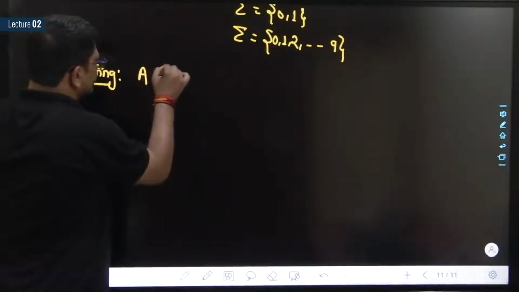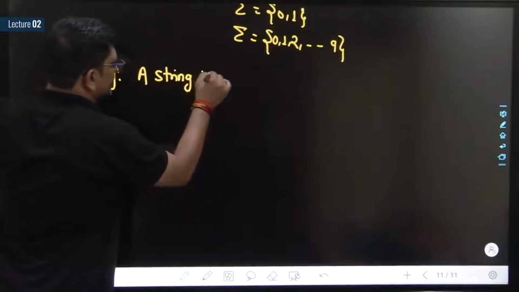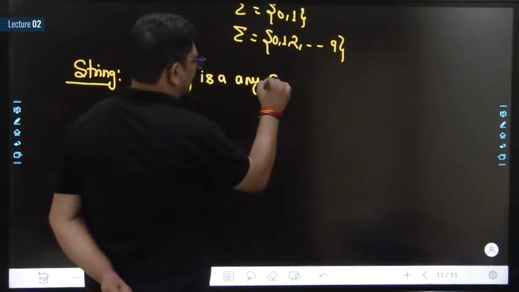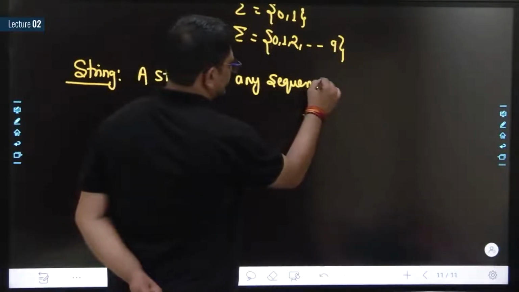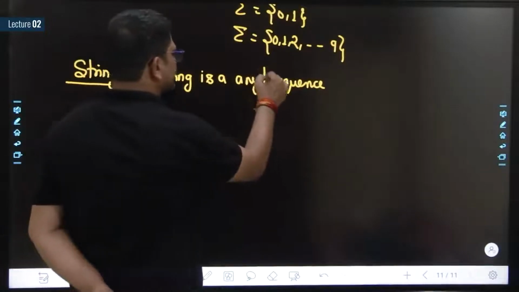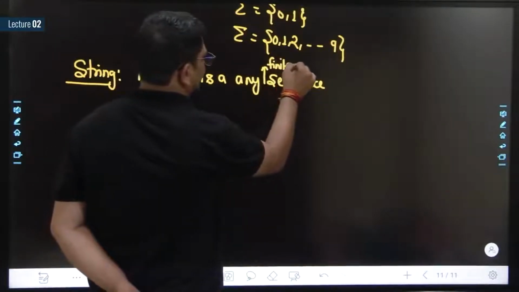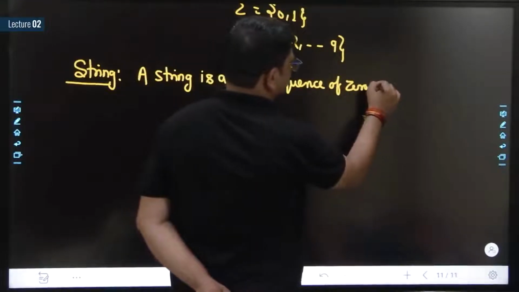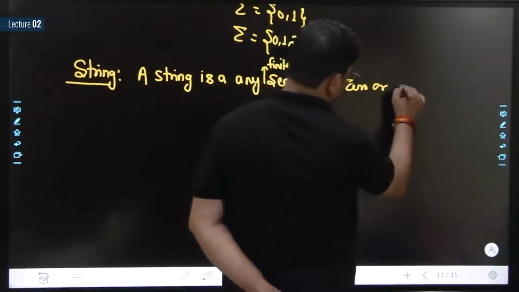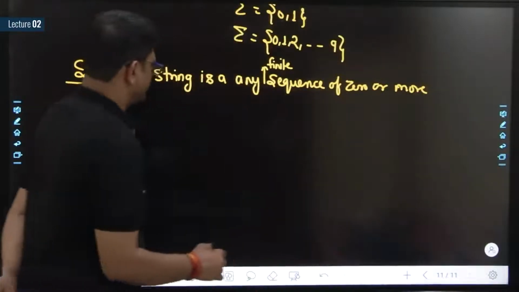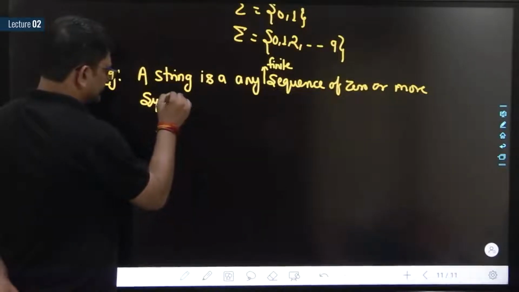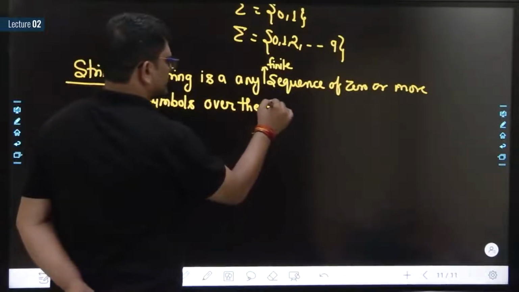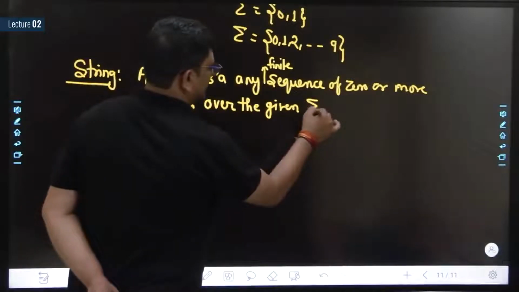A string is any finite sequence of 0 or more symbols over the given alphabet.